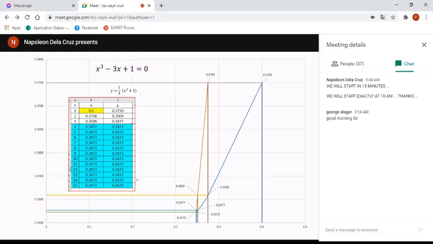Ang diniscuss lang natin dito ay yung assumed root na 0.5. And it turned out to be that that is not 0.5. It turned out to be 0.3473, not 0.5. Nagkaintindihan sana tayo doon, ha?